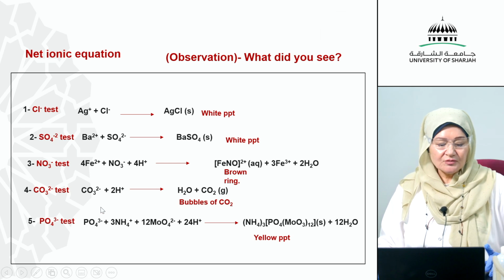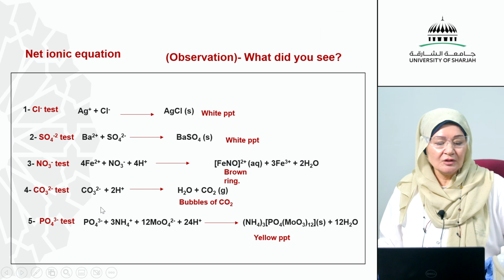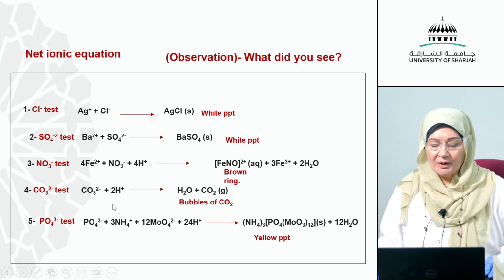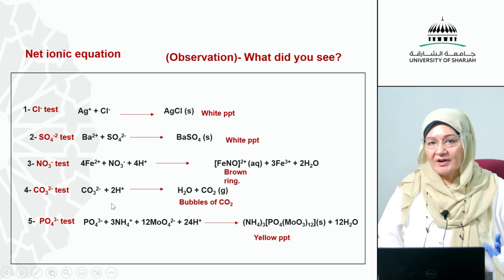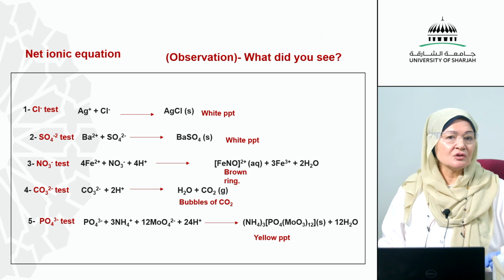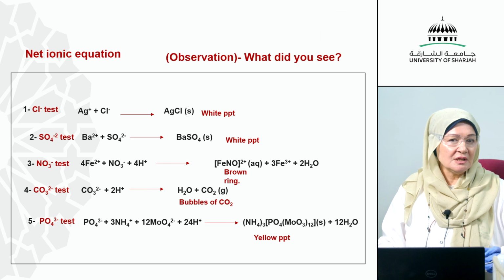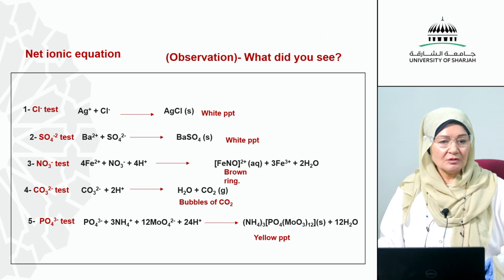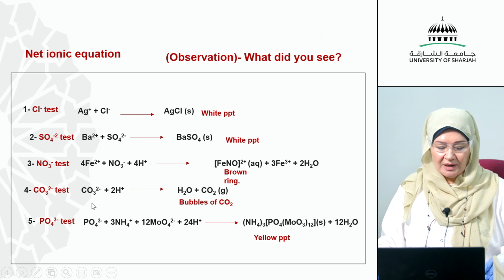The fourth test, for checking for the carbonate: whenever I add H plus to carbonate, I will get bubbles of carbon dioxide. Whenever you open the carbonated soda bottle, what do you see? You see carbon dioxide gas. It goes out of the carbonated soda bottle, right?